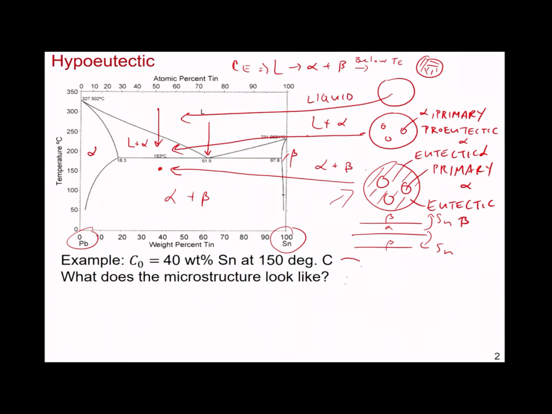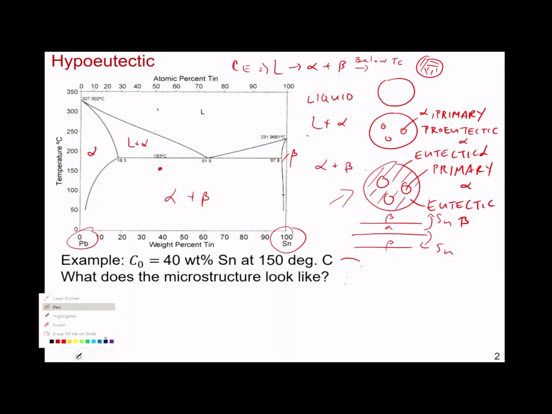Let me erase a little bit, not only in part, because I know some of you are still writing this down, but let me change the color so I can be a little bit more clear. The question is, what if I'm in this region and I force it to go through beta? So let's say I'm in some extreme composition, let's say 99 weight percent of tin. That forces me to go through beta.